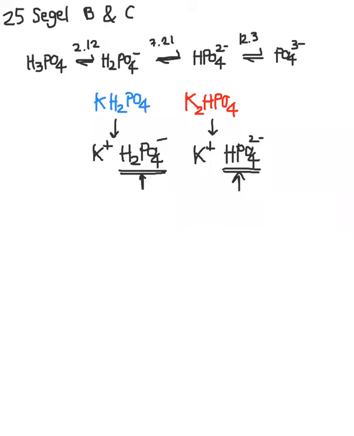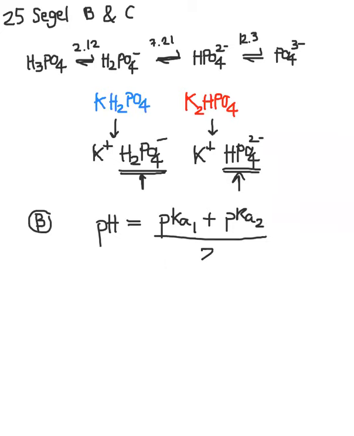So for example, in part B, the equation for pH will be the average of two pKa, pKa1 plus pKa2, divided by 2.